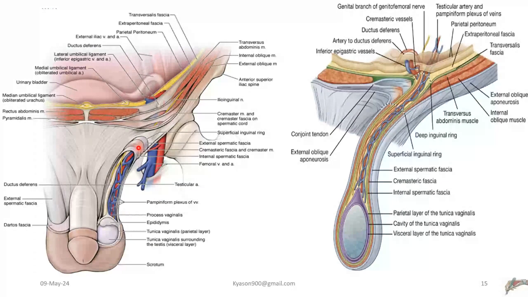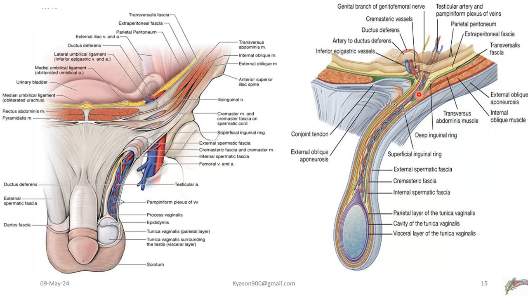It's going to be made up of muscles and fascia, and it's going to contain the vessels of the testicle, the artery and the veins, and also the sperm duct, or what you can call the ductus deferens. Okay. Same thing here.